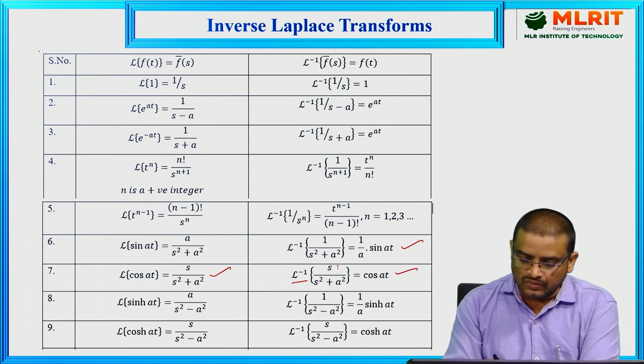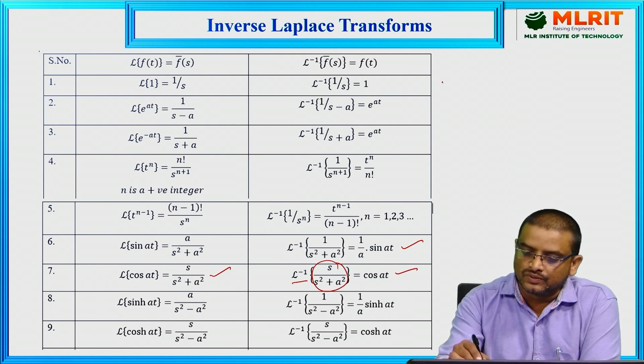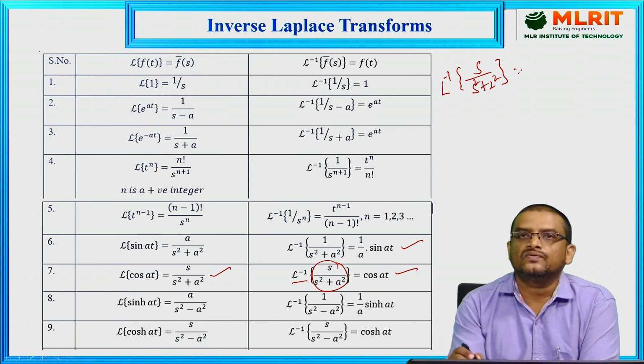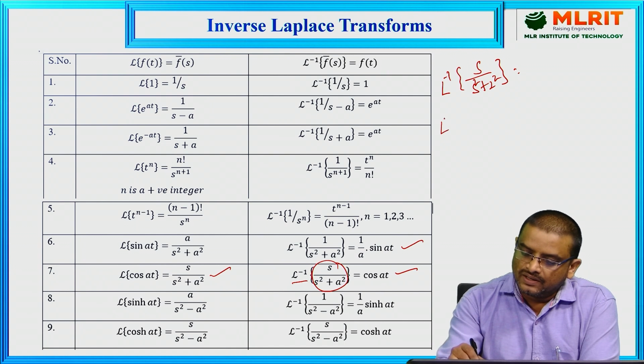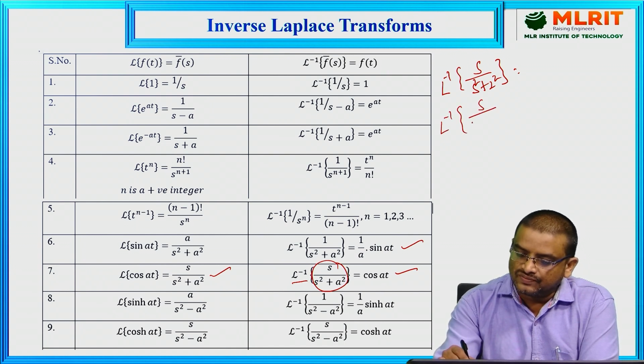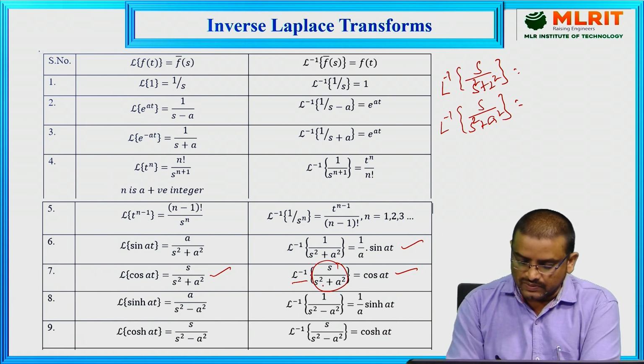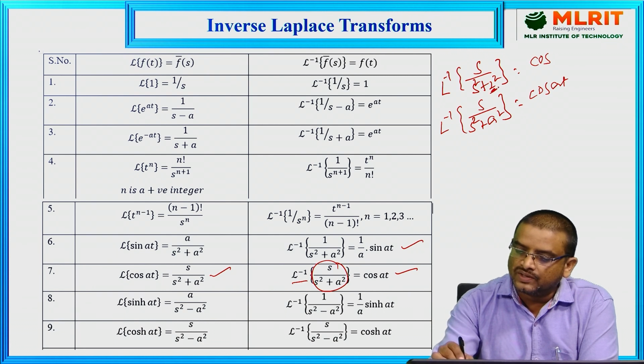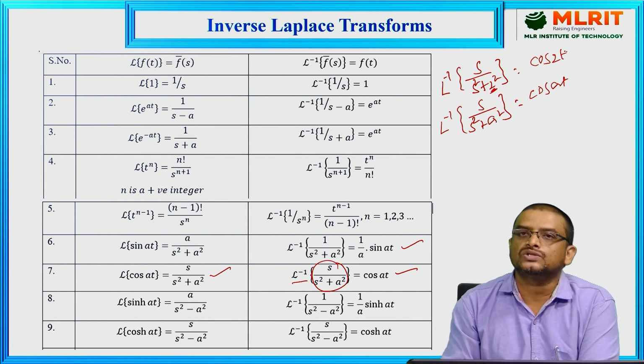Whenever we have a function in this form, like suppose L inverse of s by s square plus 2 square, while finding the inverse Laplace transform for this type of function, we can use the standard formula L inverse of s by s square plus a square equal to cos at. So here, in place of a, you compare and get the value of a. Here we have 2, so this can be written as cos 2t.